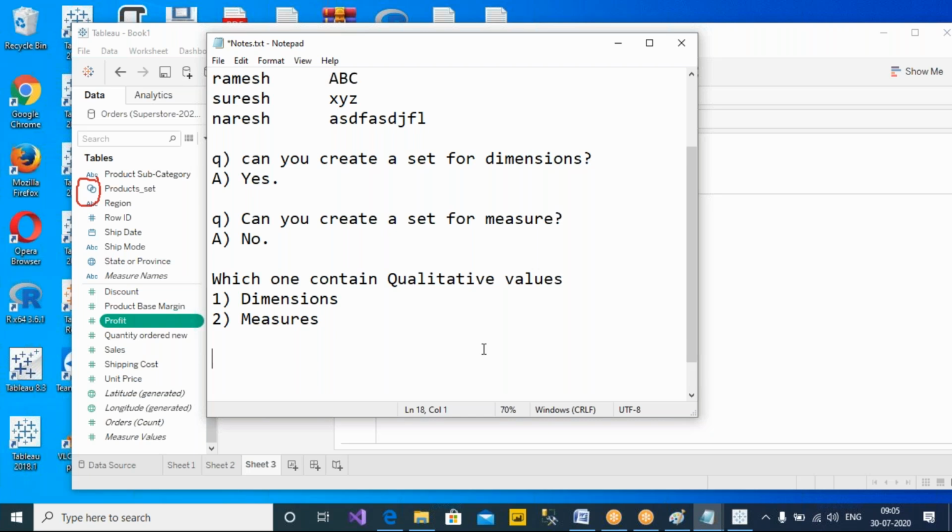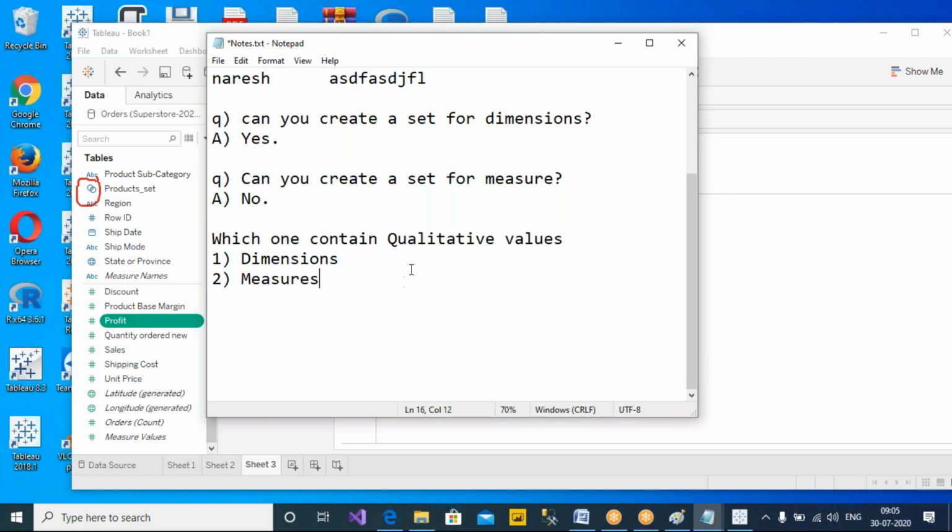Very tricky question. The answer is this: dimensions contain the qualitative values.